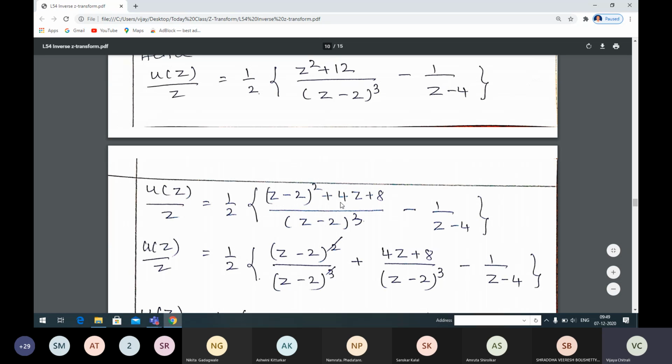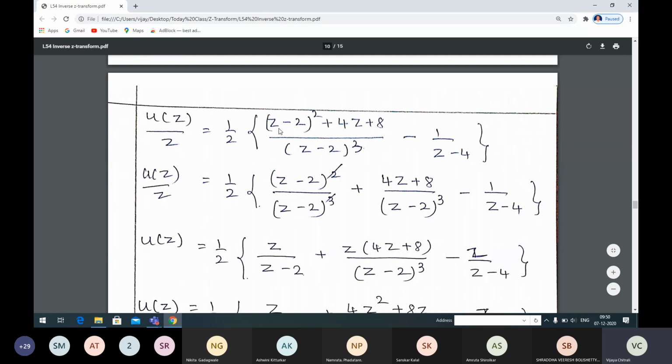We have taken 4, so left with 8. And this 1 upon z − 4 is as it is.